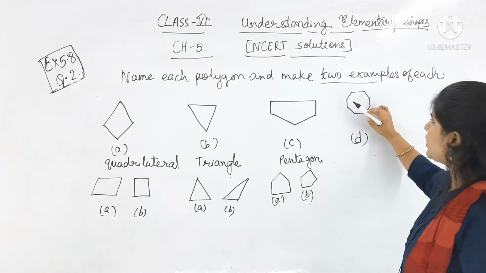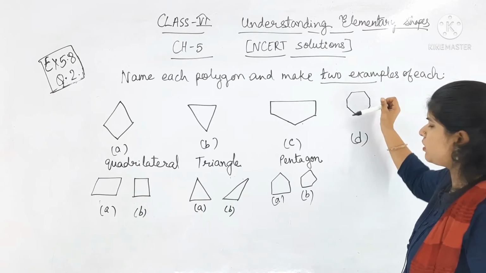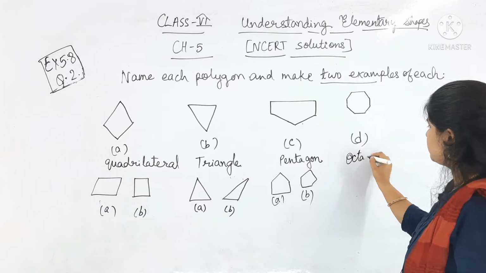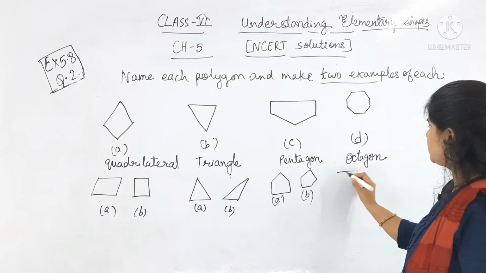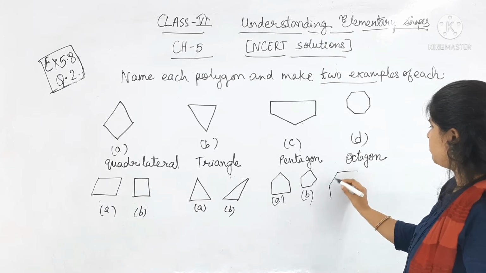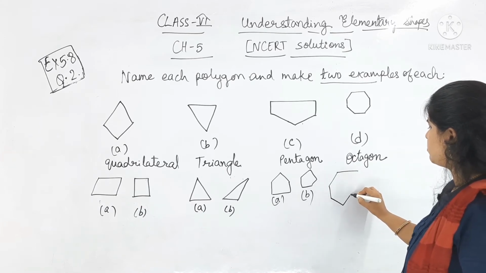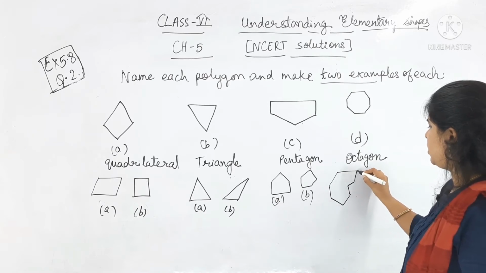Okay, here you can see D part, 1 2 3 4 5 6 7 8, that is 8 sides, means octagon. So like this I can take 1 2 3 4 5 6 7 8.